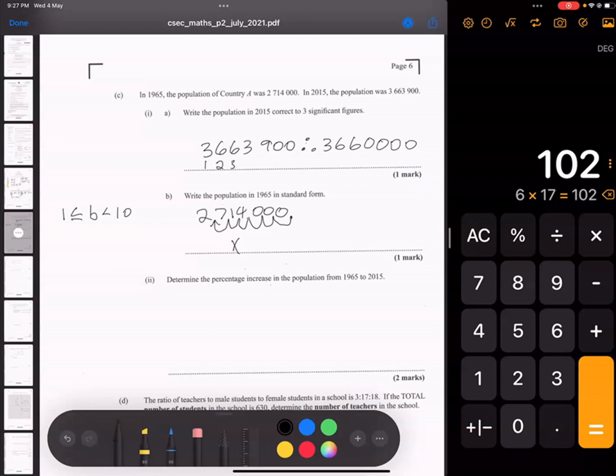If we move the decimal between 2 and 7, our new number would then be 2.714. And looking at this, yes indeed, 2.714 is more than 1, but less than 10. So now we need to look at our power of 10.